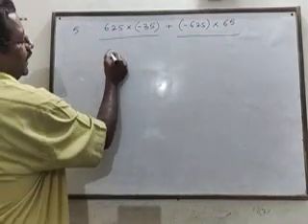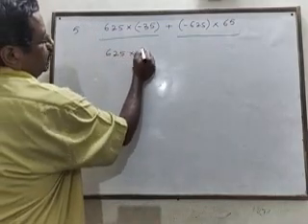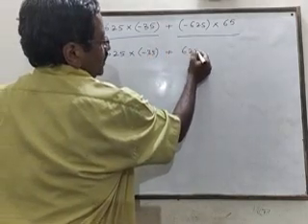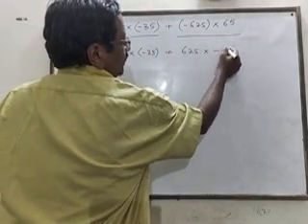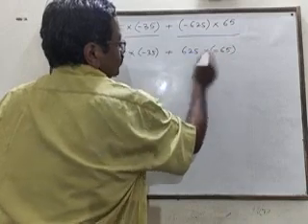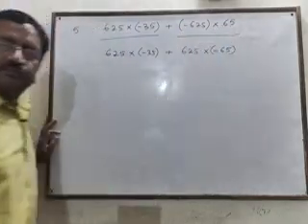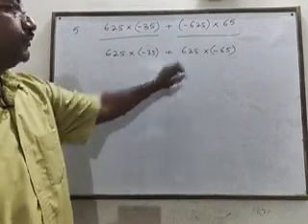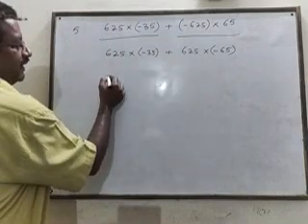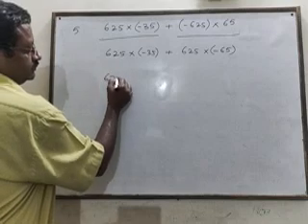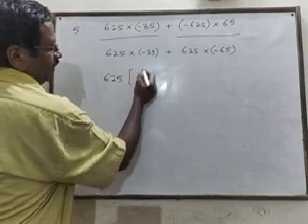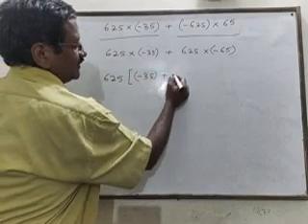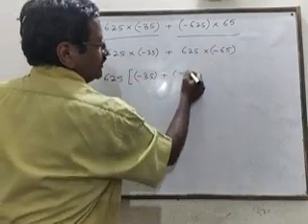So 625 multiply minus 35 plus 625 multiply minus 65. So this minus we have taken with this one. Now 625 is same. We will take 625 as common, and inside the bracket it will be minus 35 plus minus 65.